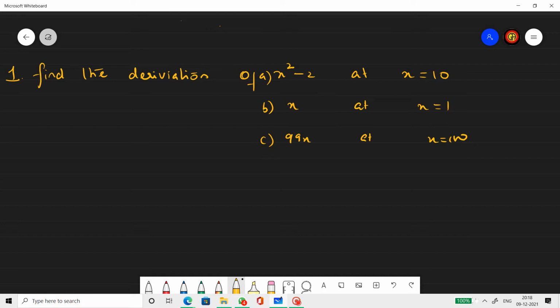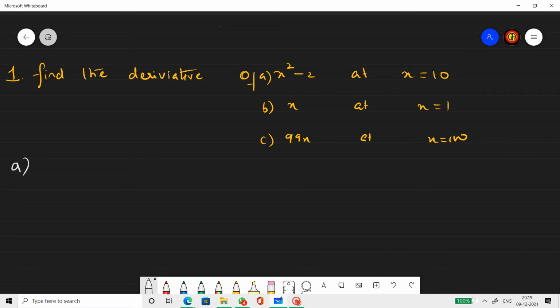So first question, find the derivative of x square minus 2 at x equal to 10, x at x equal to 1, 99x at x equal to 100. It's the first one.